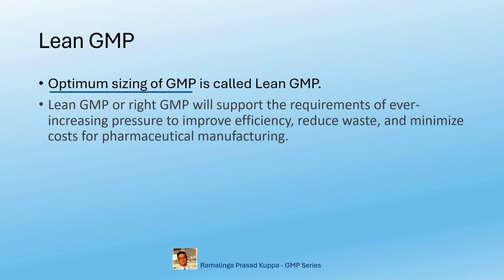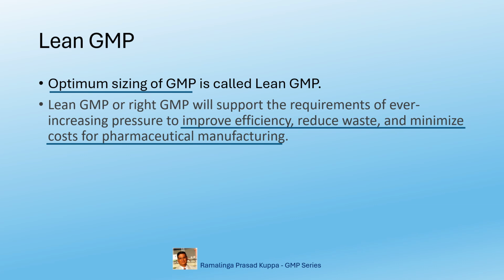Lean GMP or right GMP will support the requirements for ever increasing pressure to improve efficiency, reduce waste, and minimize costs for pharmaceutical manufacturing. This precisely is the reason for moving towards lean GMP.